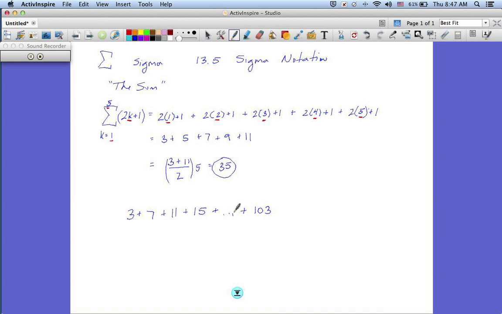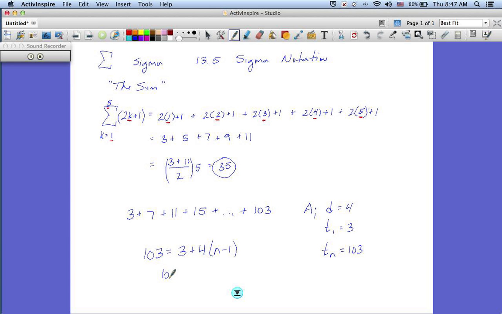Hopefully you can recognize this is arithmetic. It has a common difference of 4 and a first term of 3. 103 is my last term. I just don't know what n is yet, but I do know my last term is equal to my first term plus the difference times n minus 1.